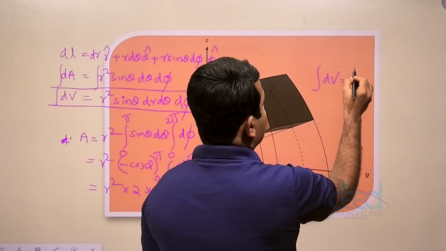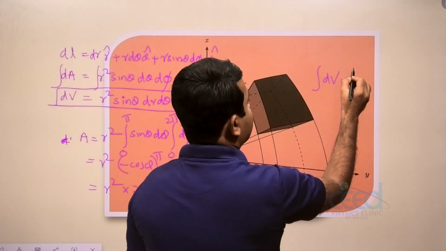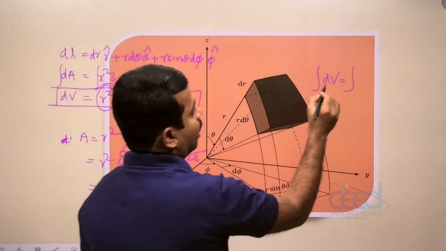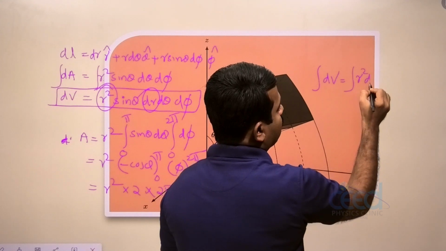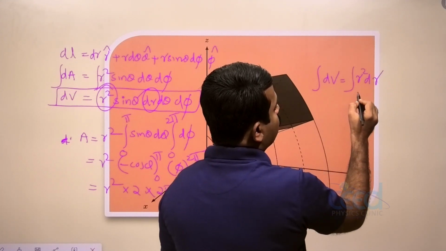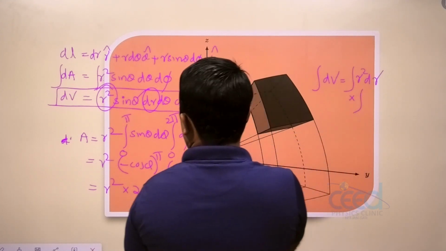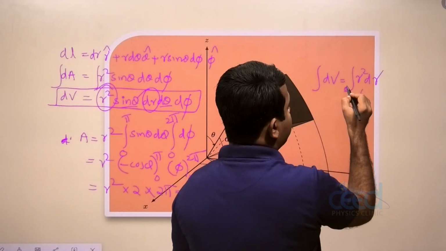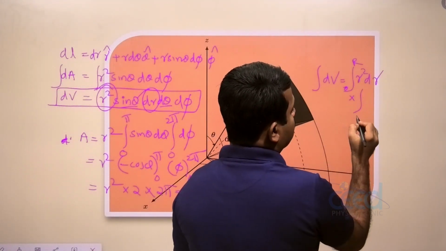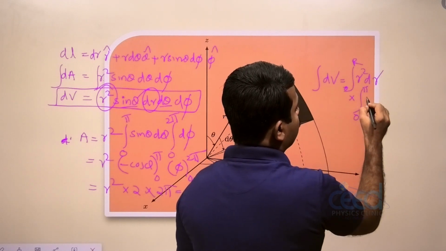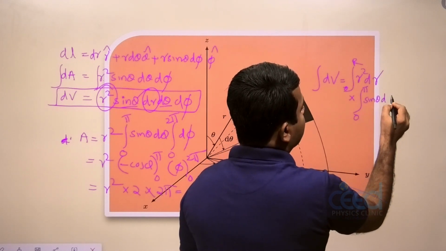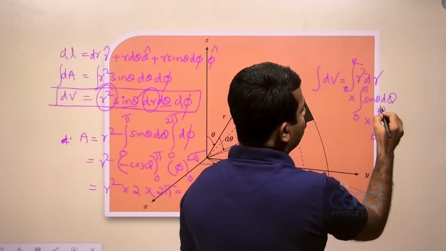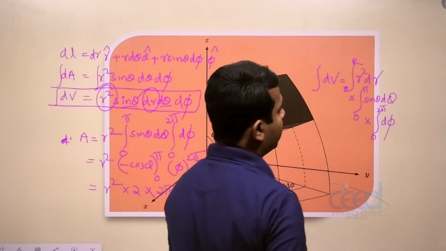That is equal to the integral of r square dr, into the integral of sin theta d theta, into the integral of d phi. This is varying from 0 to r, this is varying from 0 to pi, sin theta d theta, into the integral from 0 to 2 pi of d phi, right.